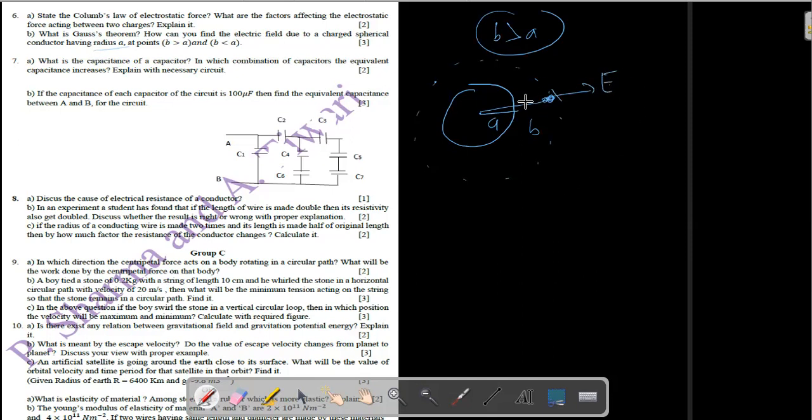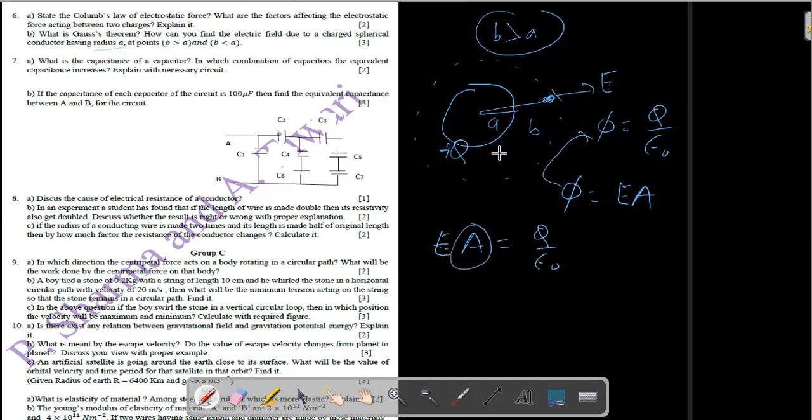And just you have to write if Phi is the net flux, then Q by epsilon naught. Q is the amount of charge over this surface, and then you have to write another expression for flux, which is equal to EA, and then after equating these two equations, EA equals Q by epsilon naught, and this A is the area of this imaginary sphere.